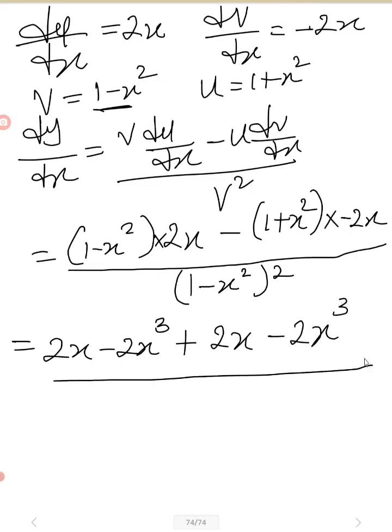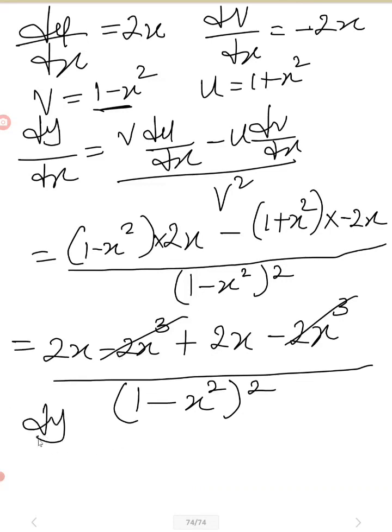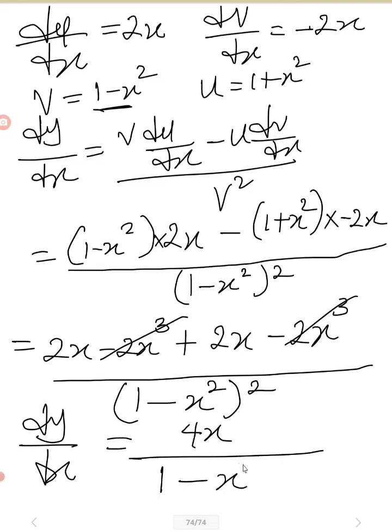We have 1 minus s squared all squared. So this and this will turn to 0. So dy with respect to s will give you 2s plus 2s, which gives 4x, all over 1 minus s squared all squared. That's all. So that is the first example.